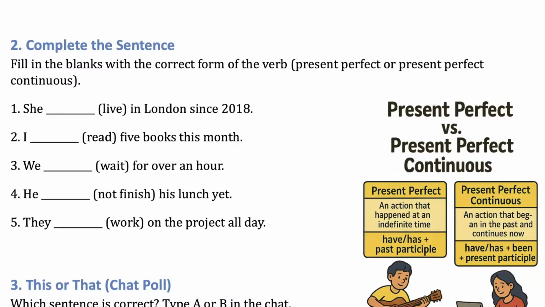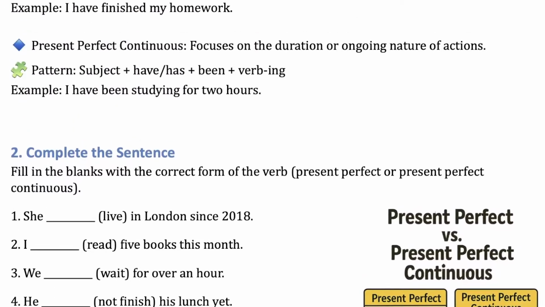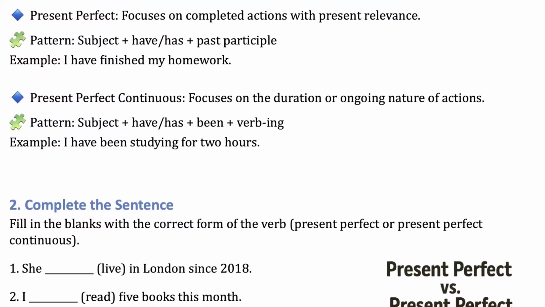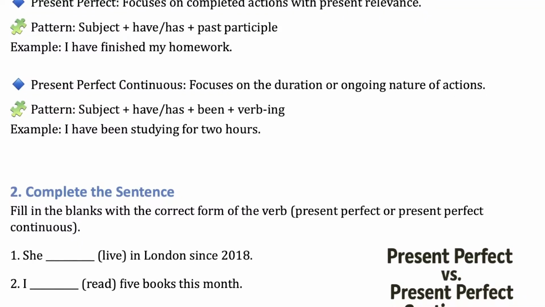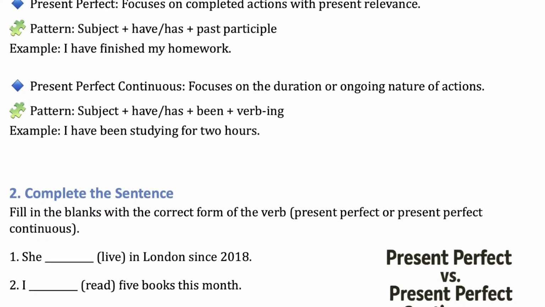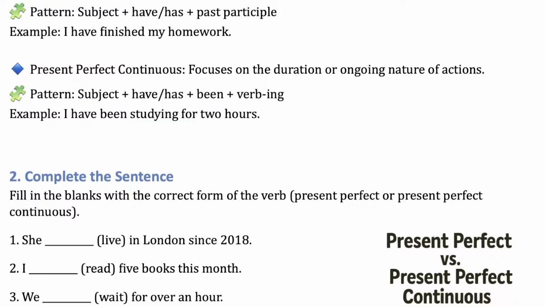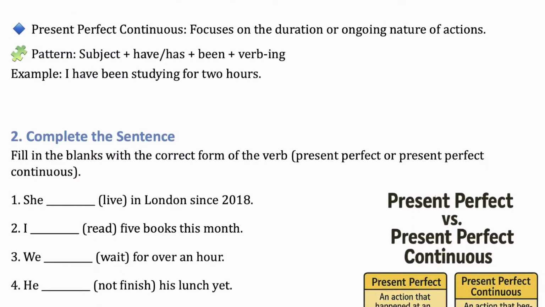Regina, I have been living in Rio. So we need the pattern here. You have to use the pattern. So for example, present perfect, have, has, and then present perfect continuous, you need the been, and then the verb ing.